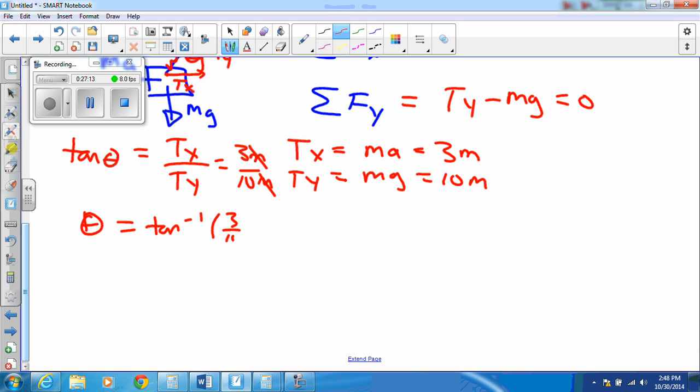So theta is the inverse tangent of 3 over 10. I think it's around 15 degrees, but I'm not sure. Looking for inverse here. Yeah, 16.7 degrees.